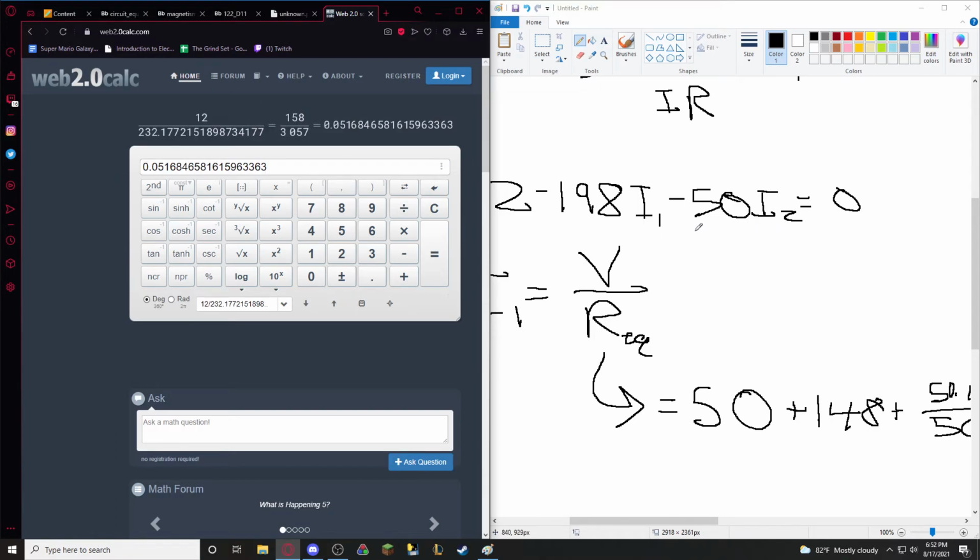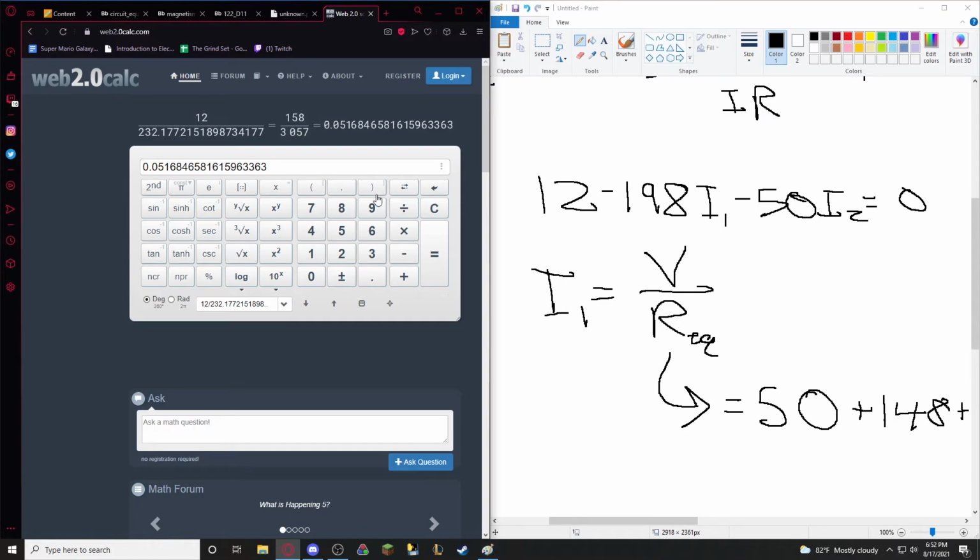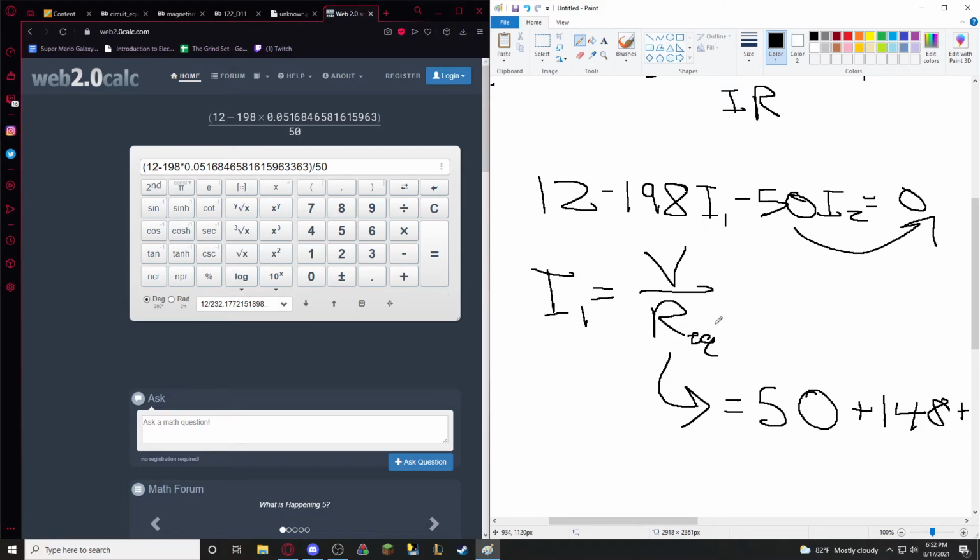We get I1 is equal to about 52 milliamps. Yep, that's what I got for that one. So then I2 would be 12 minus 198 times this, over 50. Right, because we just move this over to the right and divide by 50.